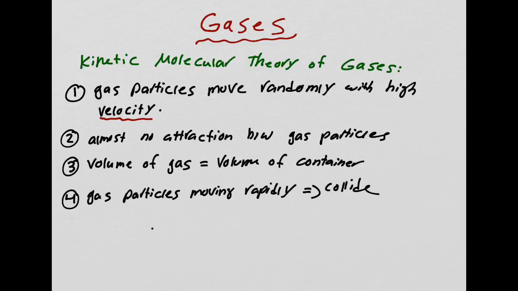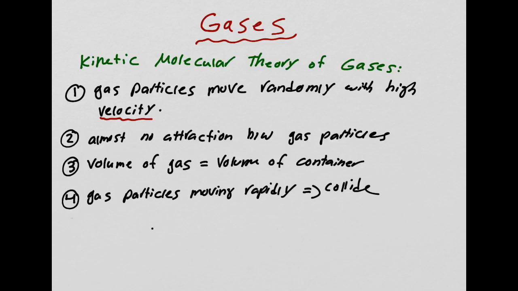What happens if you're moving rapidly and then you collide? You're just going to go in a new direction. So gases are moving around, and as they're moving around, they're going to collide. Then they're going to hit the walls of the container, and they're just going to go in a new direction.